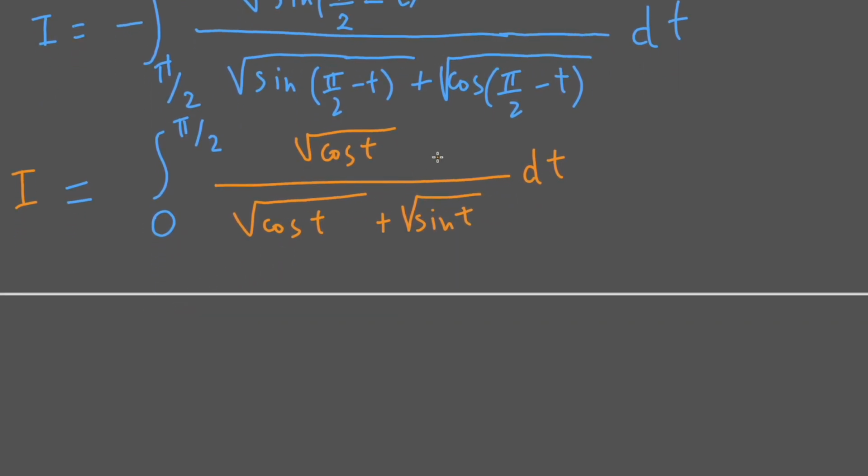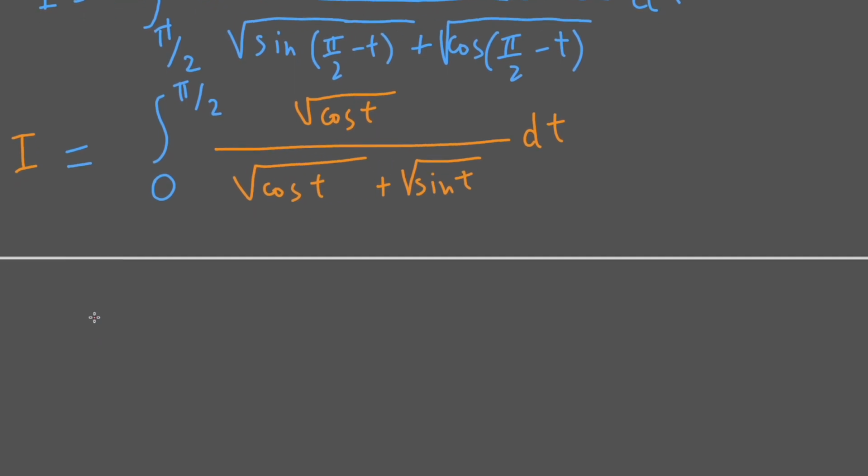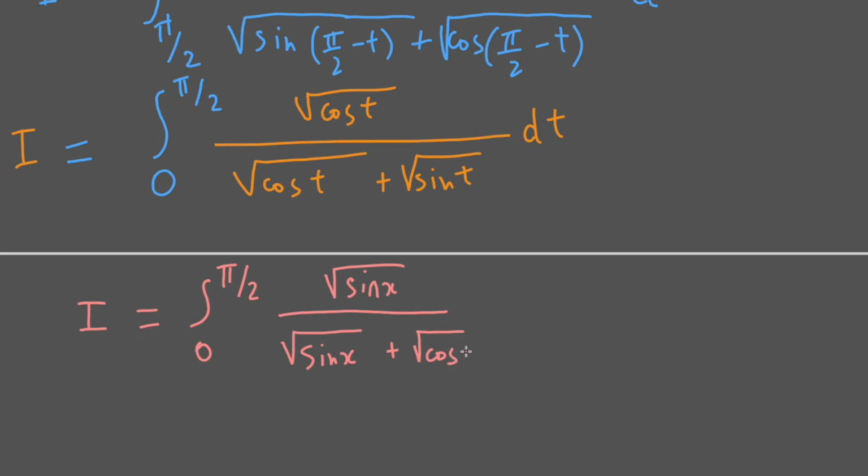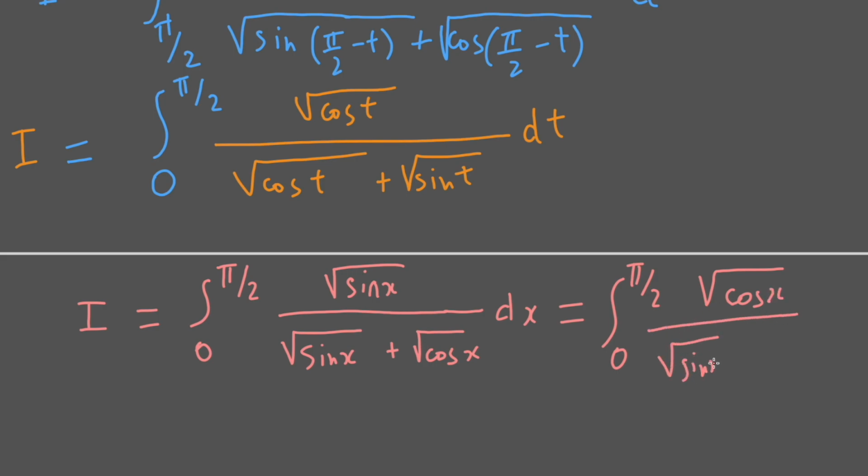So based on that, we can rewrite the integral of the problem like this: square root of sine x over square root of sine x plus square root of cosine x dx, and it's also equal to square root of cosine x over square root of sine x plus square root of cosine x dx.